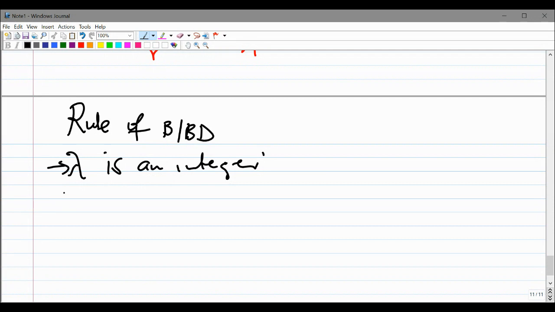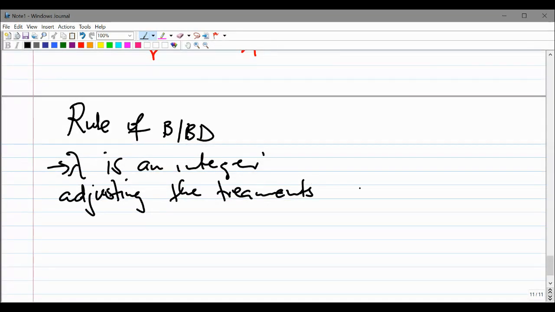Second, we're just recapping, when adjusting the treatments, sorry, make sure that the summation of Qi is equal to 0.